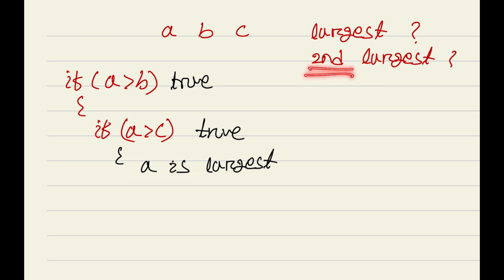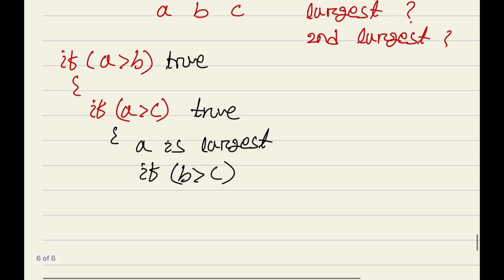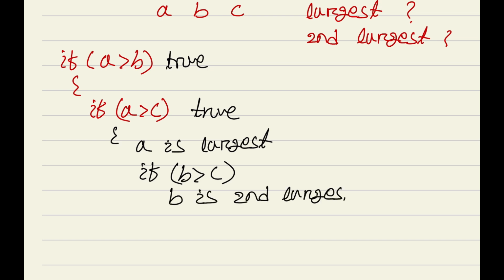So for second largest we need to compare B and C. For that we can write here if B greater than C. When this is true, we can say B is second largest, because we already found A is largest.